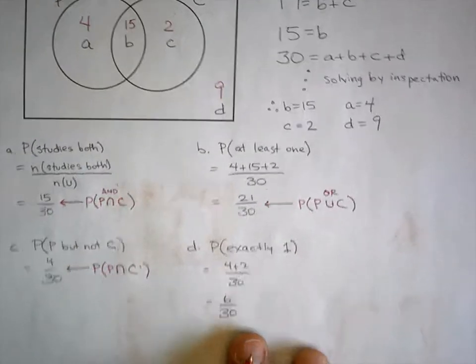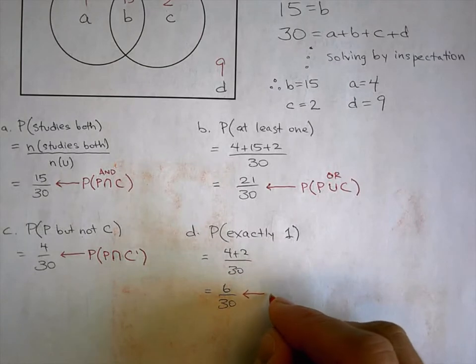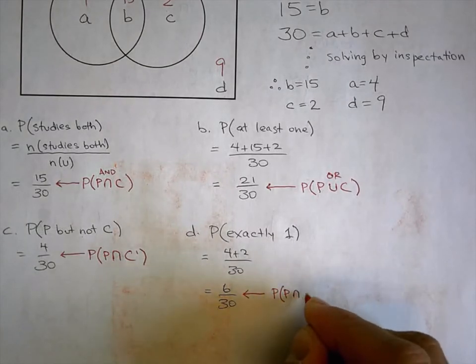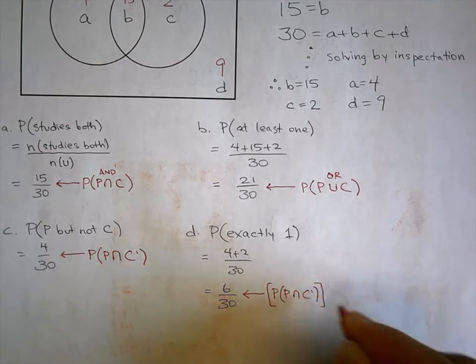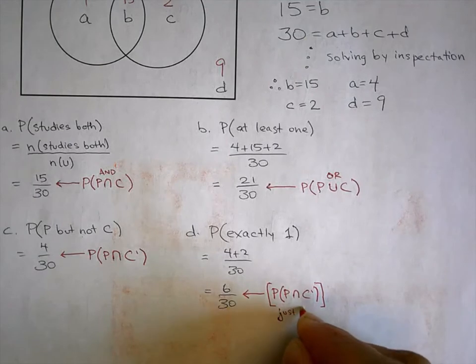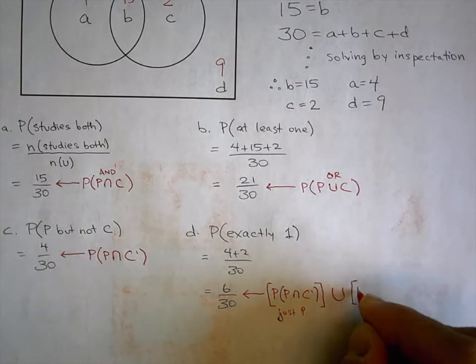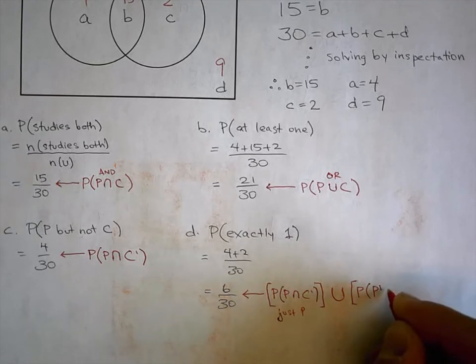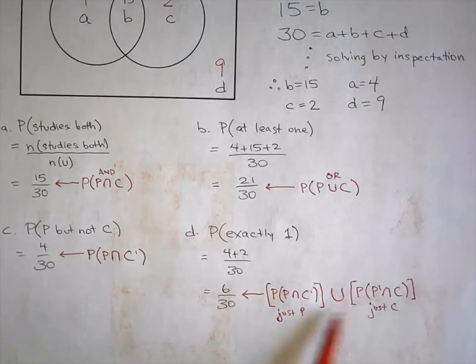Now, students always ask, well, what's the notation for that? This is where it gets so crazy, right? This is the probability of P and not chemistry, so that's what we just found. That would be just P, union with the ones that are just chemistry. So that'd be P complement intersect C, just C. So it'd be the union of the just P's and just C's.